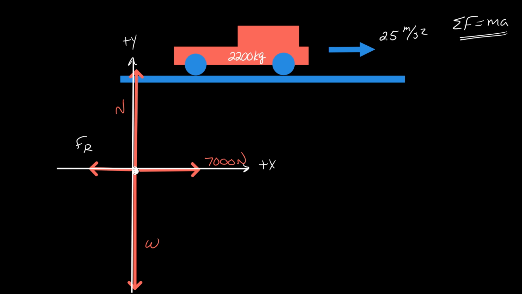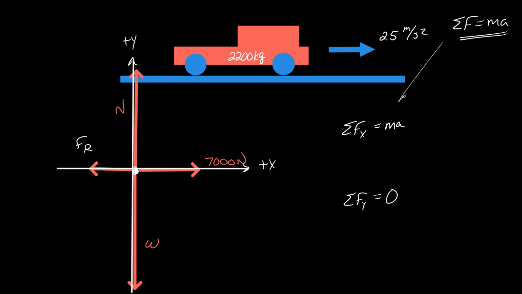I now need to take my second law here and break it up into two parts. One in the x direction, one in the y direction. Because there's no off-axis forces for me to deal with here. So net force in the x direction and net force in the y direction. This one's MA and this one's 0. Do I have any questions about that?